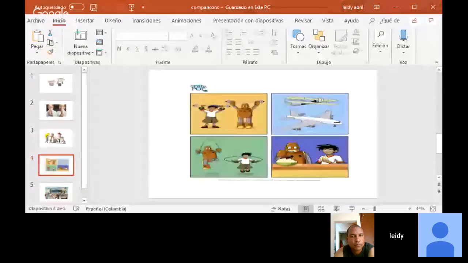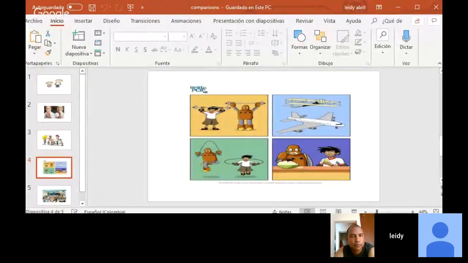The boy is smaller than the robot. Okay, excellent.